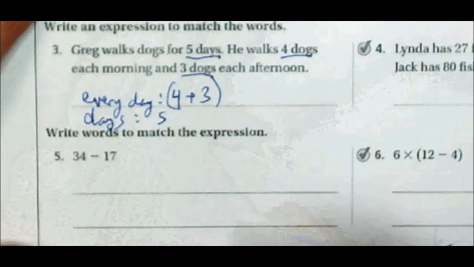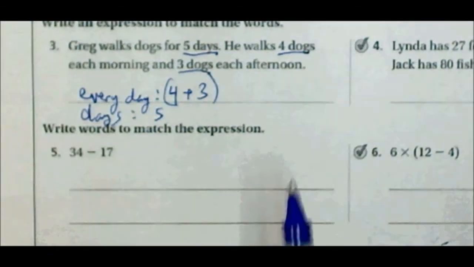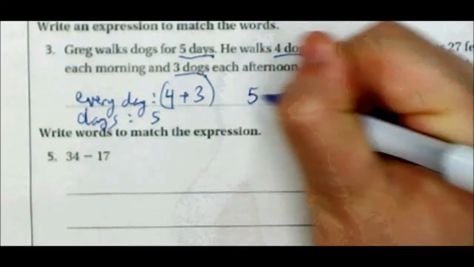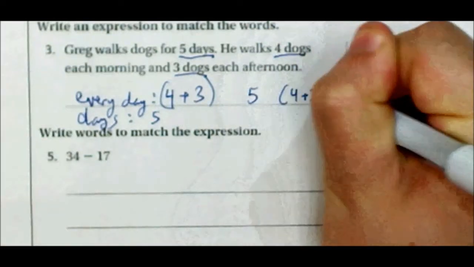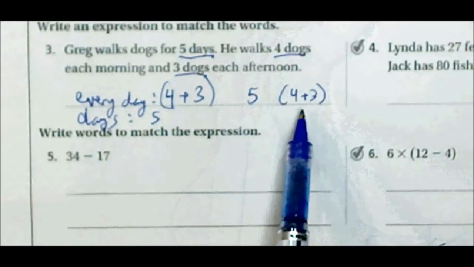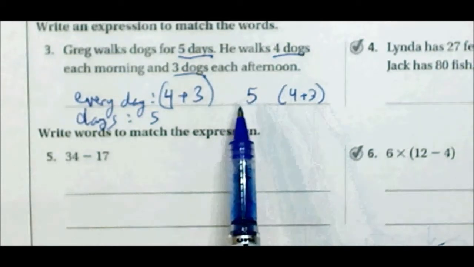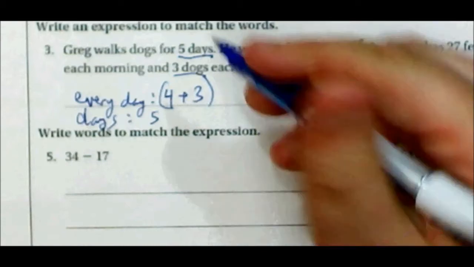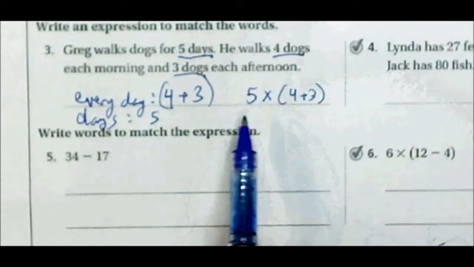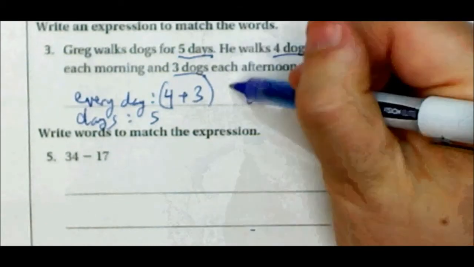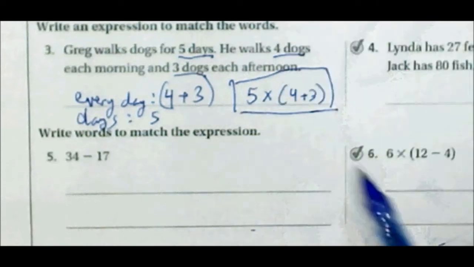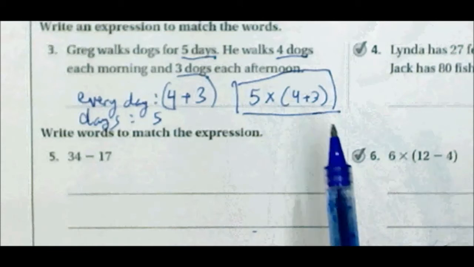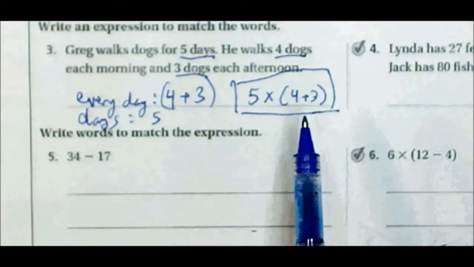So 4 plus 3 is the total number of dogs per day, and this is the number of days. Well, once again, this is what we do in one day, and this is the number of days. Well, if I want to know the total number of dogs over those 5 days, I would multiply 5 times 4 plus 3, and this is my expression. Notice there's no equal sign. Notice I'm not evaluating it. We're just learning how to set up expressions.